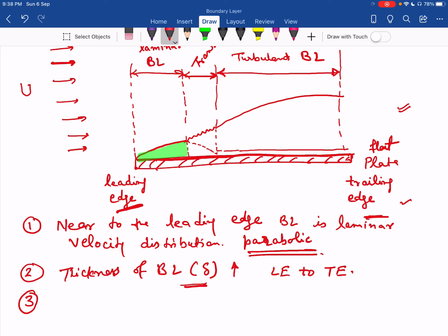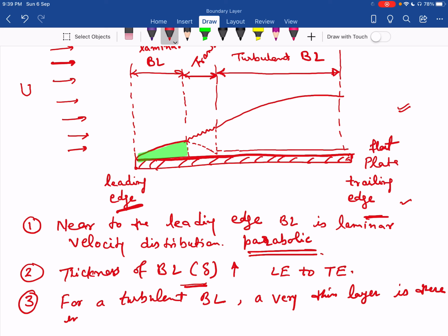So for a turbulent boundary layer, a very thin layer is there in which further the flow is laminar.